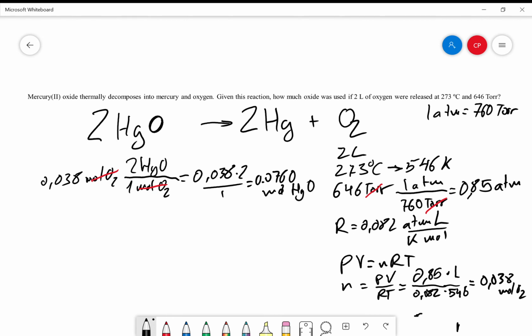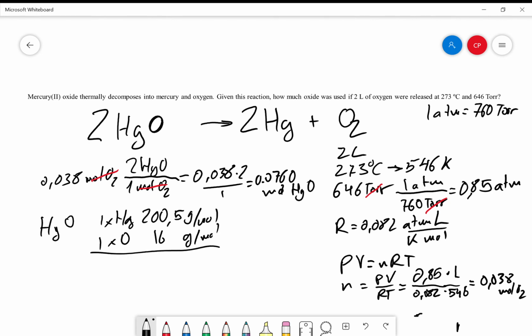And the final step is mercury oxide is made of mercury, one atom of mercury that has an atomic mass of 200.5 grams per mole, and one atom of oxygen that has an atomic mass of 16 grams per mole.